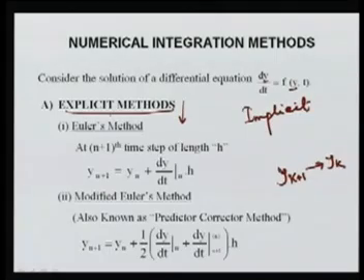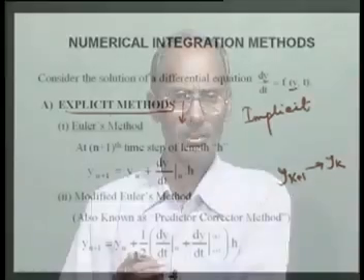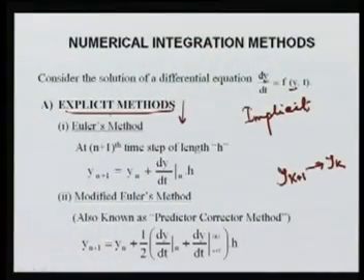Any method should have different criteria for which method you are going to use. The method can be based on accuracy, based on stability, and based on efficiency. Efficiency means how fast you can get and how reliable a solution you are getting.